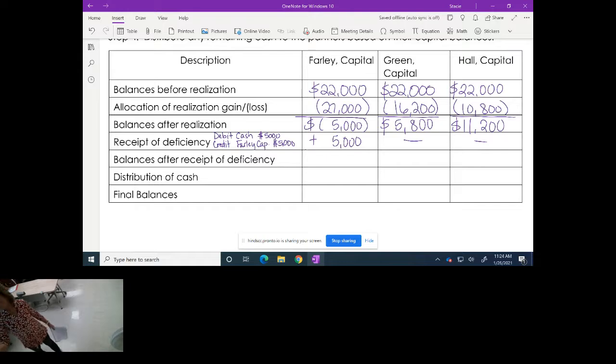Okay, so now the balance after this receipt of deficiency, Farley's at 0. That's good. And these two guys are at the same amount because that receipt of deficiency affected Farley's capital to make up for that deficiency. And then the other part of it was cash.